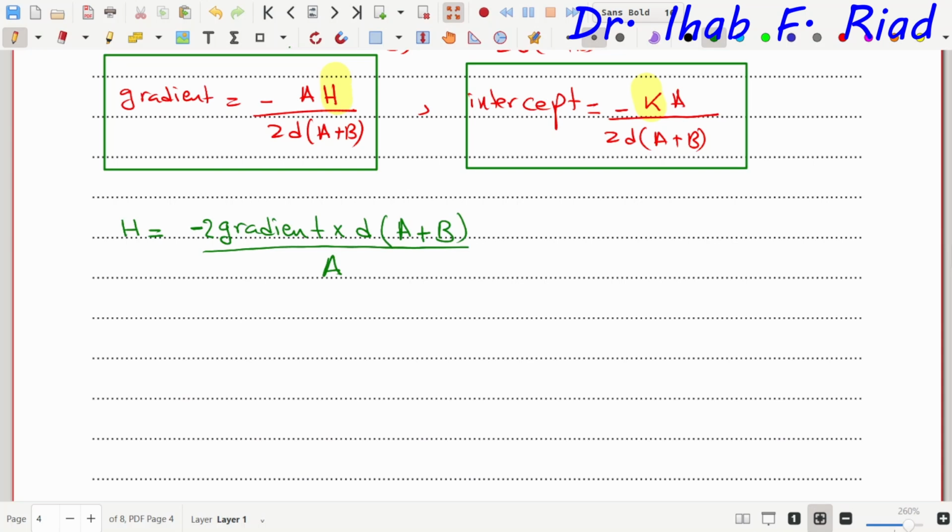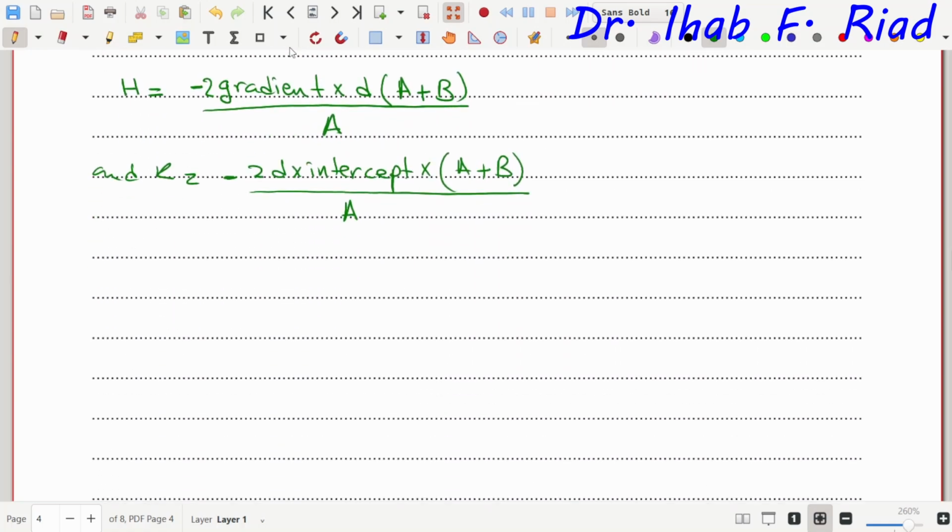Okay, this is h, and k is equal to minus intercept times 2d a plus b divided by a. Okay, I think this is what we are having.